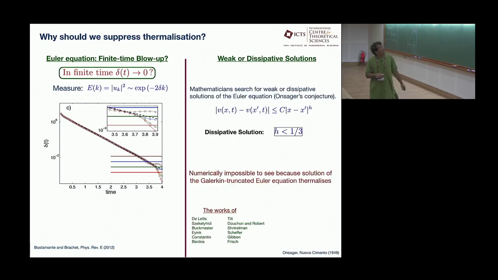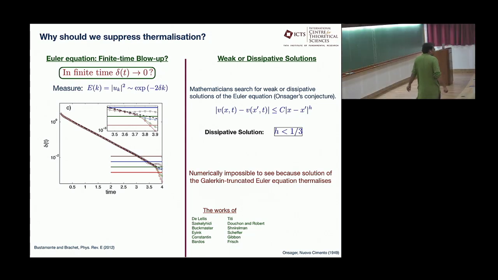This goes back to the famous conjecture of Onsager in the 40s, who pointed out that if the Hölder exponent for the velocity field in the Euler equations was less than one third, you would necessarily get a dissipative solution.